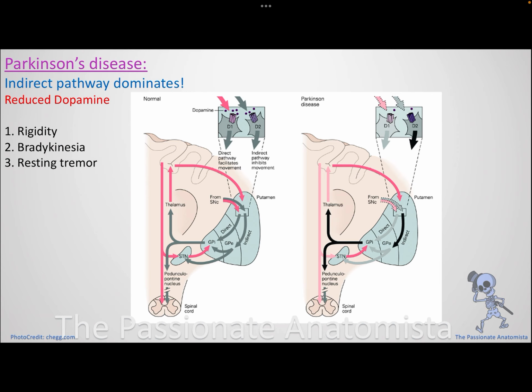Okay, now what happens? Why do I have resting tremor then? Remember, guys, I told you the function of the basal ganglia is to stop the unwanted movement from happening. Now, the indirect pathway is active to stop me from doing the unwanted movement.